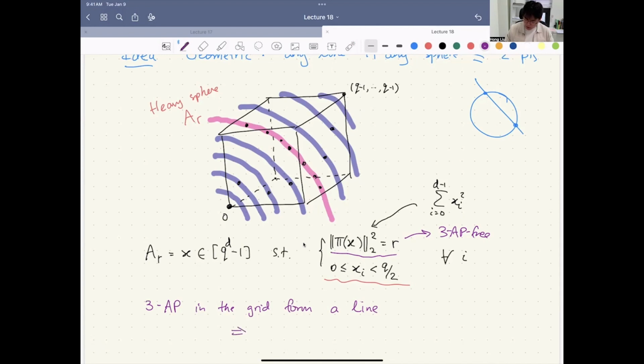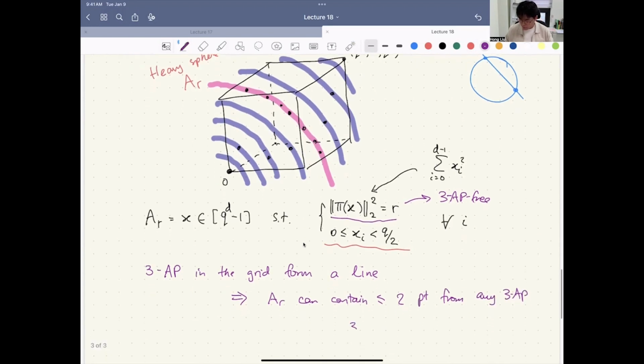This implies A_r can contain at most 2 points from any 3 AP, meaning 3 AP free.